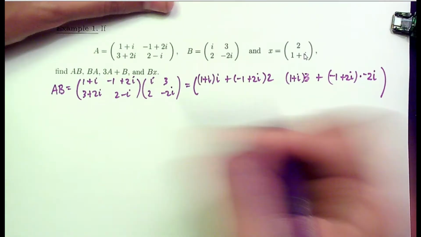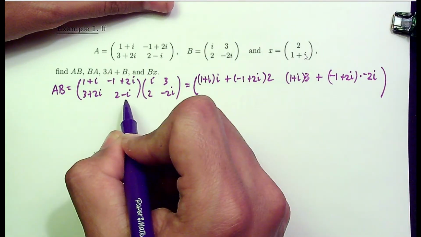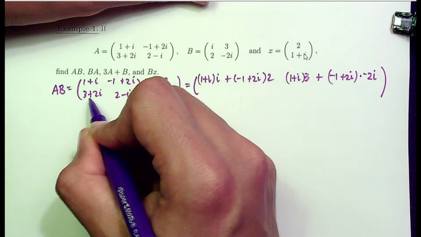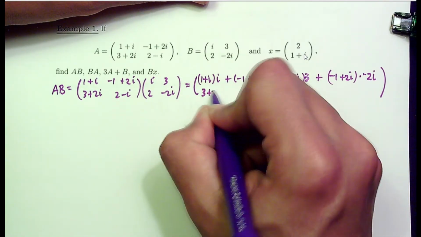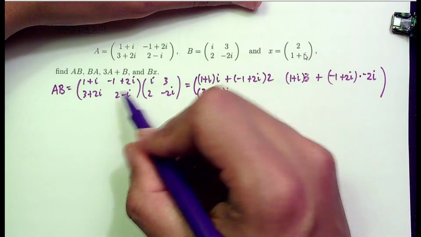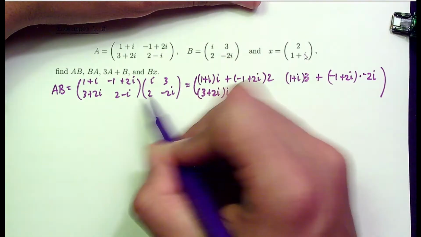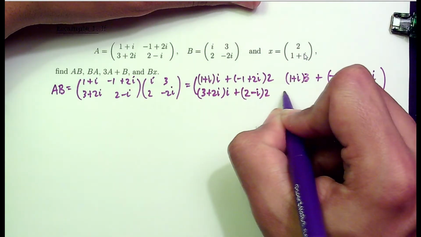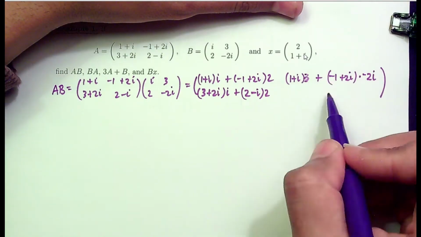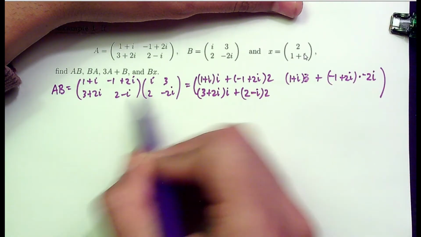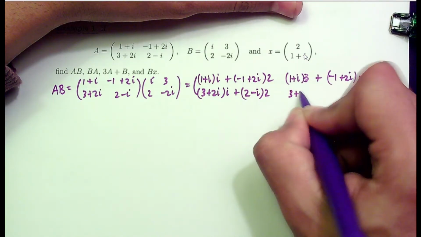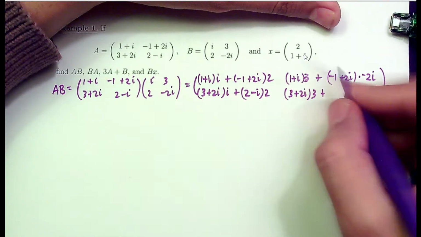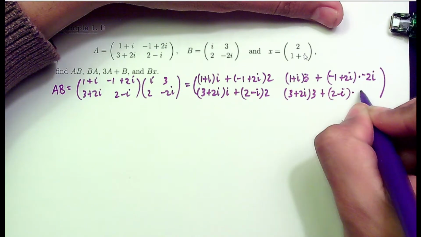Now the last two entries. The second row with the first column: 3 plus 2i times i, plus 2 minus i times 2. And in this corner, the second row with the second column: 3 plus 2i times 3, plus 2 minus i times negative 2i.